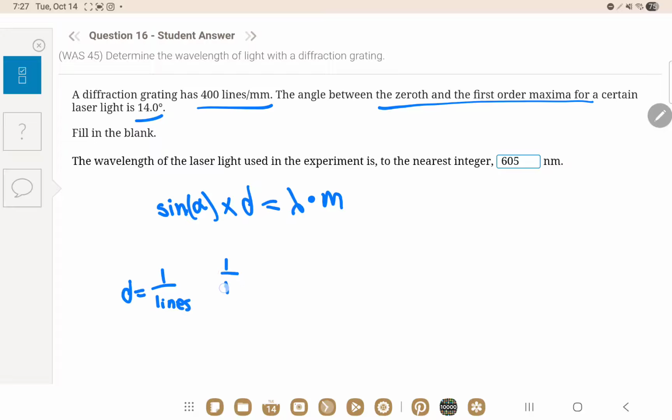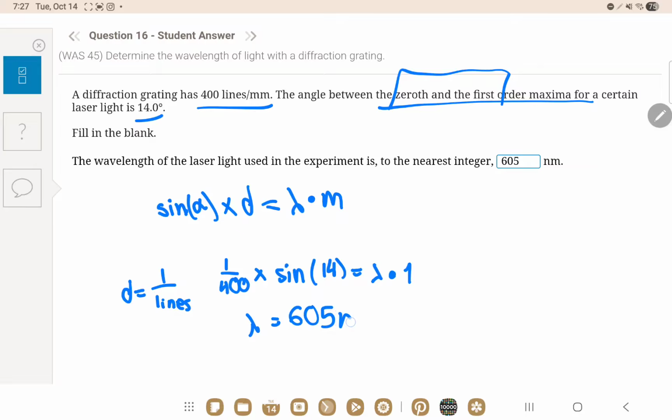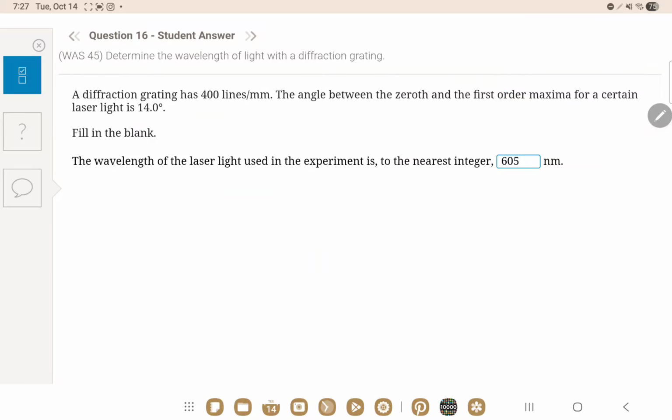So it's 1 over 400 times sine of angle 14 equals the wavelength, which we're finding, times m, where m is 1 because it's first and 0. So then you get lambda is equal to 605 nanometers. Moving on to our last question.